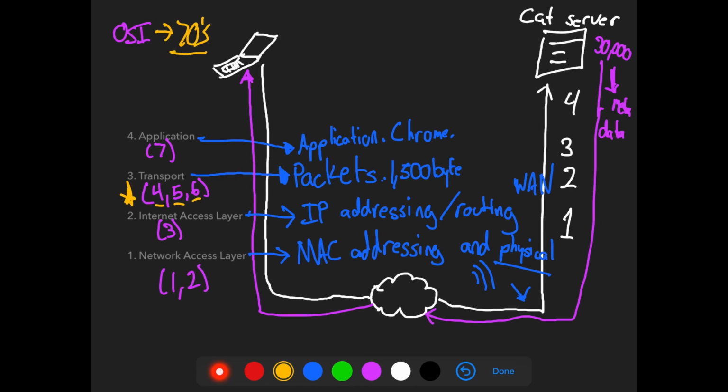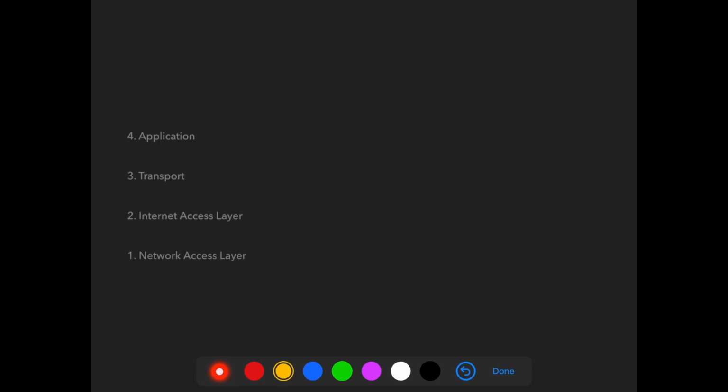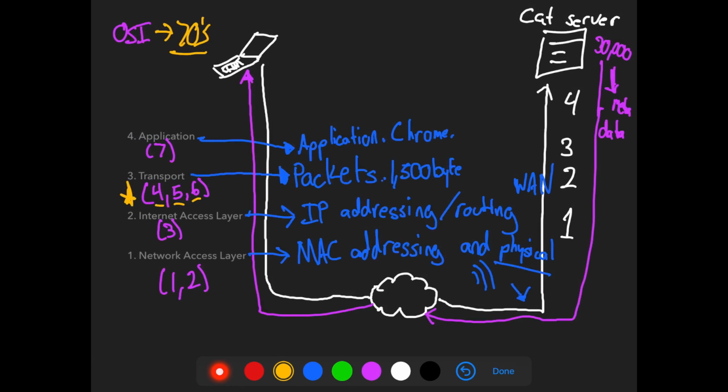So yeah, why isn't your website working? Well, we can just go through a series of elimination and say, okay, if the computer is physically connected to a wire and with its MAC address it's able to reach the router, it's not a layer 1 problem of the TCP/IP model. If we're actually hitting the right IP address, it's not a layer 2 problem.